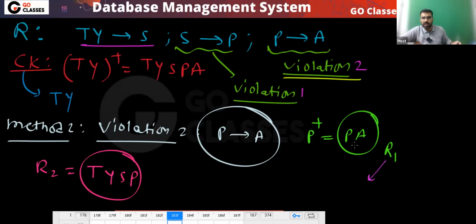Now, definitely only two attributes, so definitely this is in BCNF. There is nothing to worry about here. So one will be PA. There is nothing to check. Is this clear? Let me know.